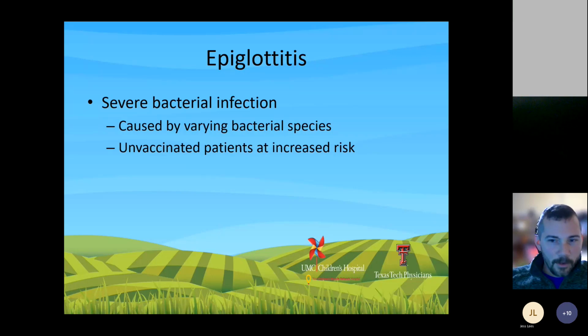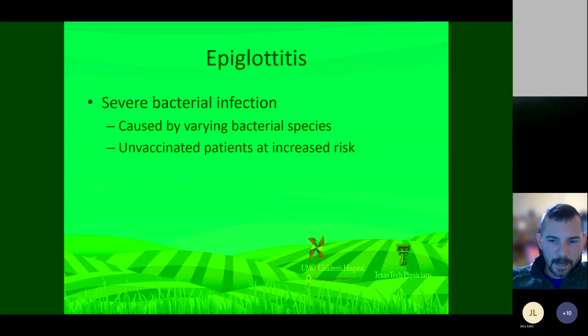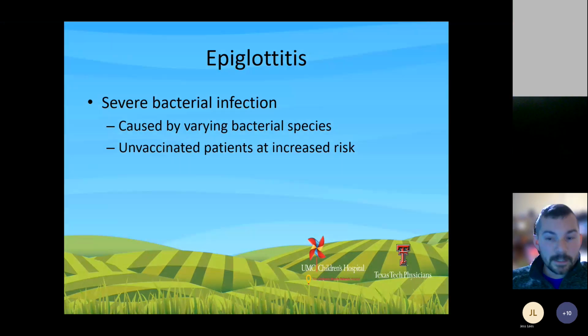And as we all know, there's an increasing number of families choosing to avoid vaccination in their children for personal or religious reasons. And so we have seen a slight increase across the nation with epiglottitis. And it's very important that we catch these early on, and the treatment is very different.